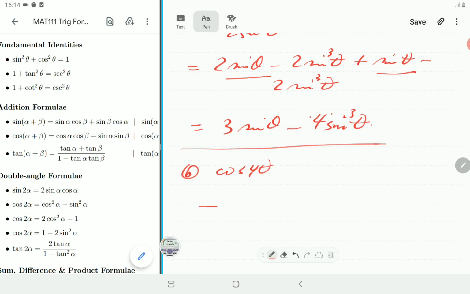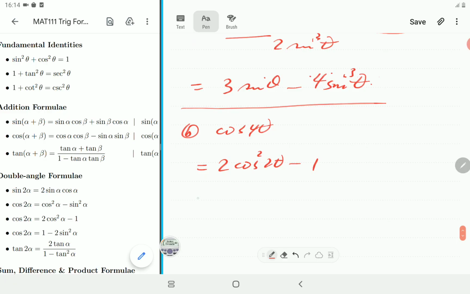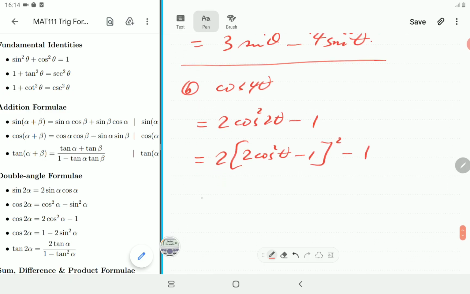So cosine 4 theta is 2 cosine squared 2 theta minus 1. Then if we use the same identity, cosine 2 theta is 2 cosine squared theta minus 1 and then squared. Then if we remove brackets there, that is going to be 4 cosine theta to the power 4 minus 4 cosine squared theta plus 1.